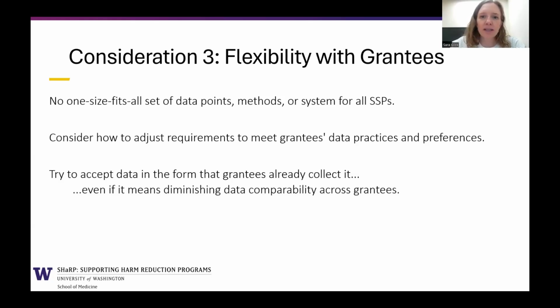So it's important to ask yourself as a funder, how can you adjust your requirements to meet your grantees' current data practices and their current preferences? And is it possible to accept data in the form that grantees are already collecting, even if that means reducing some of the comparability that you would have across grantees?